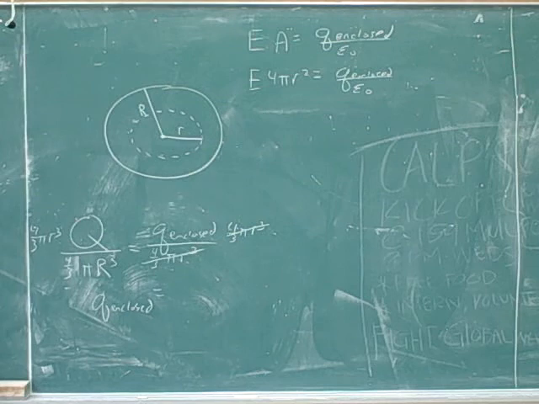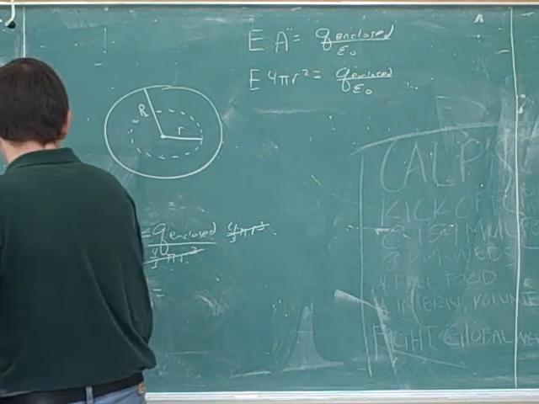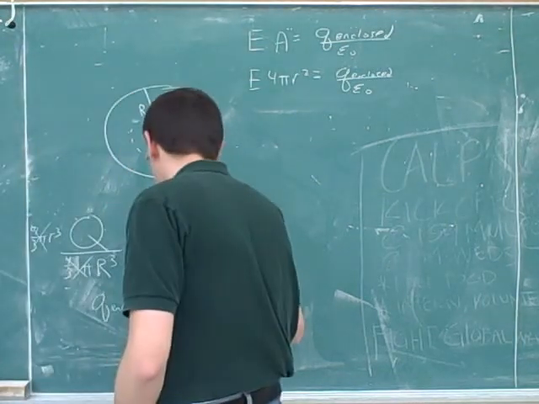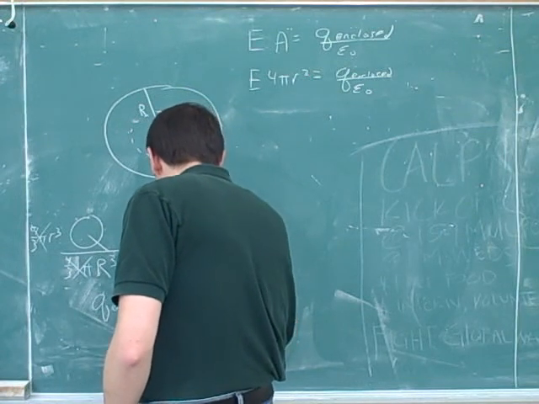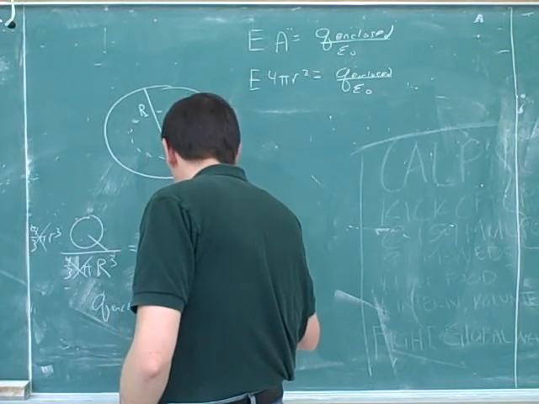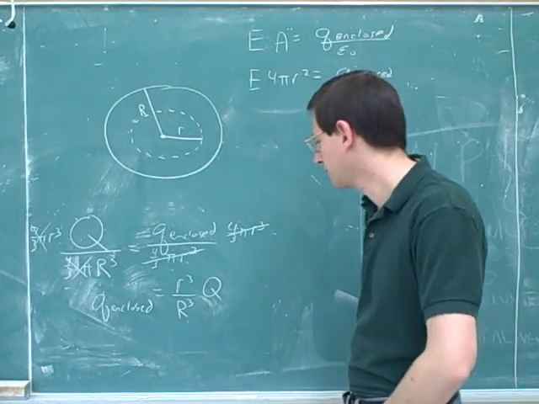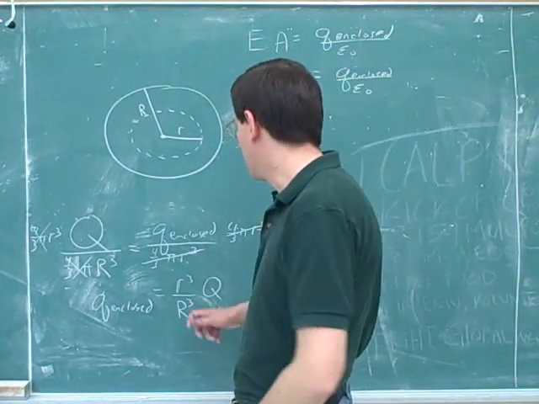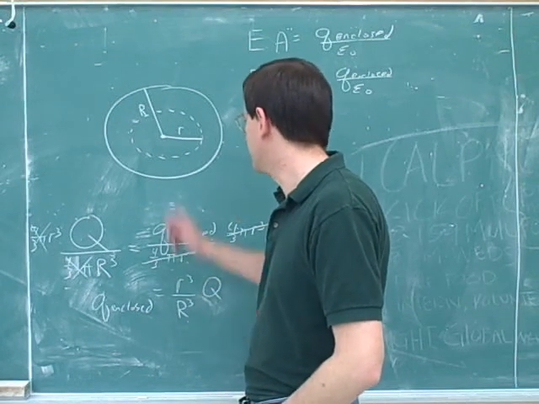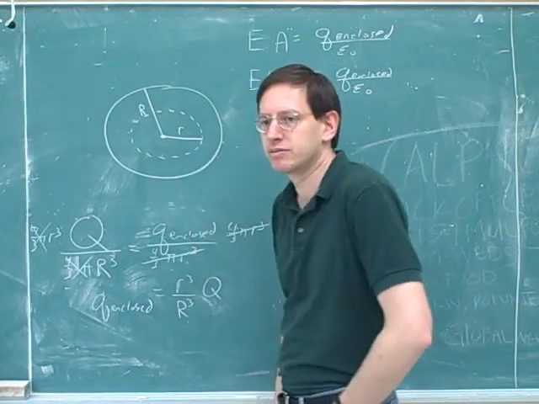Good. The 4/3 pi cancels with this 4/3 pi. And we're left with little r cubed over big R cubed times capital Q. Now we know what proportion of the total charge is enclosed within this smaller sphere.